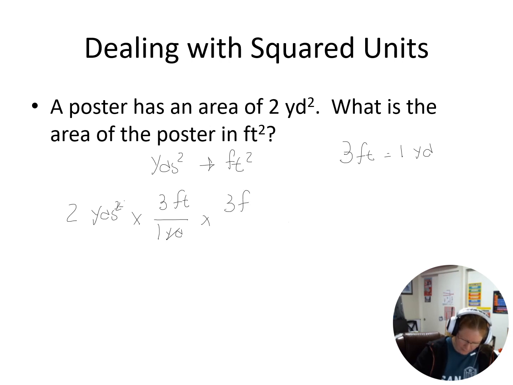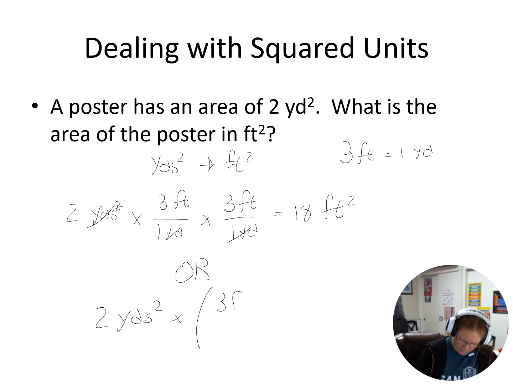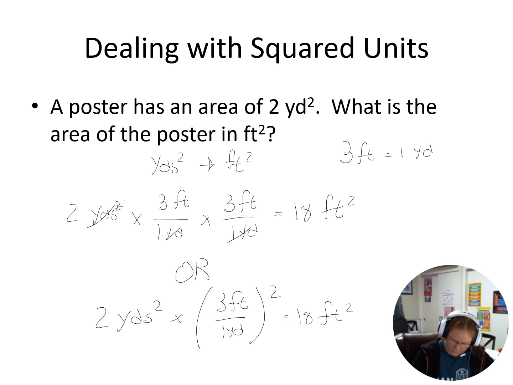Times 3 feet and 1 yard, and then that takes care of the other, and I get 18 feet squared, or I can square the entire conversion factor like that. Okay, so that's how we deal with it when it's squared.